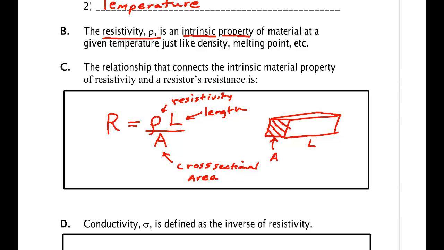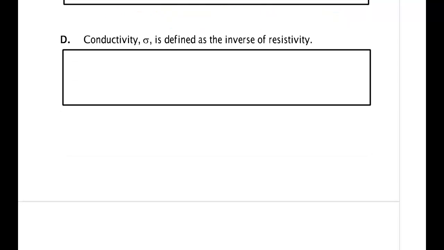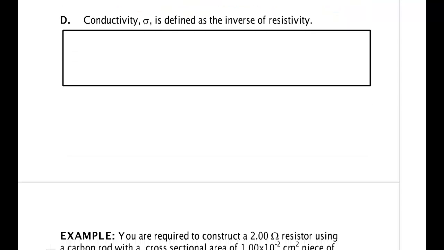Now the conductivity is the inverse of resistivity. So conductivity is 1 over the resistivity. Now, there's also conductance.